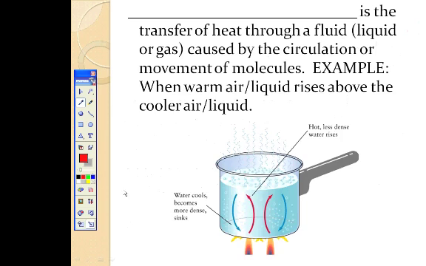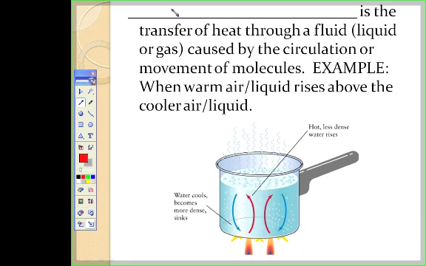For convection to occur, you have to have movement of molecules. Solids don't have that movement of molecules, so we're not going to see convection in solids. We're going to see convection in fluids such as a liquid or a gas. What happens is this. You get the transfer of heat energy that heats the molecules near the source.